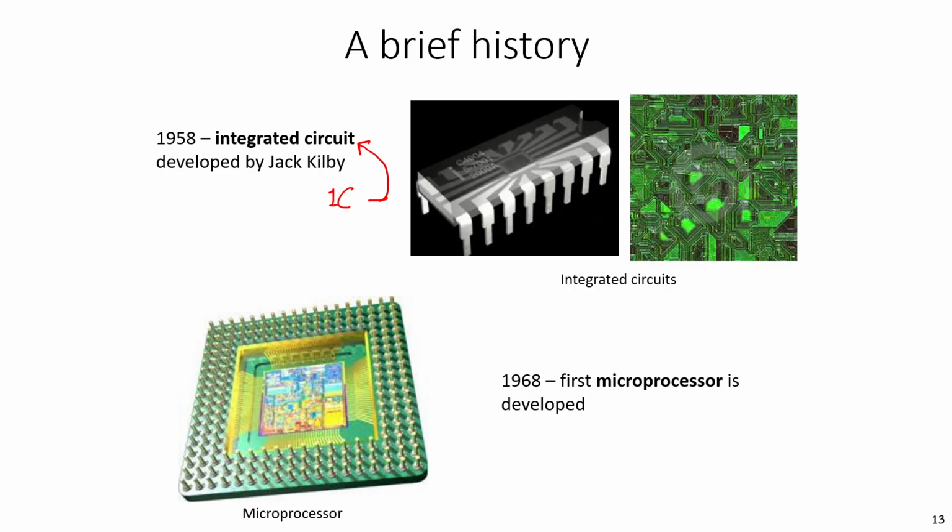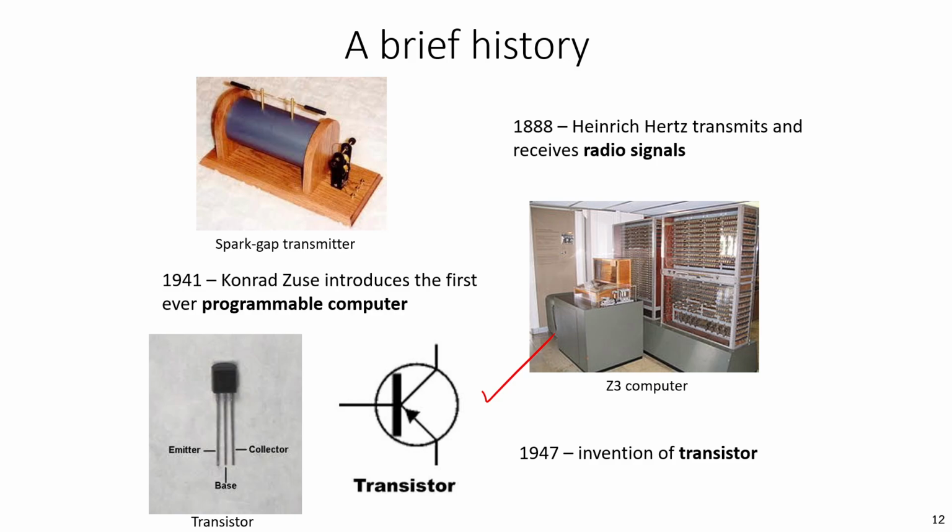If you learn about the transistor in the laboratory, you connect many transistors together to get a circuit to do something, to control something, to drive a motor, to drive a display.